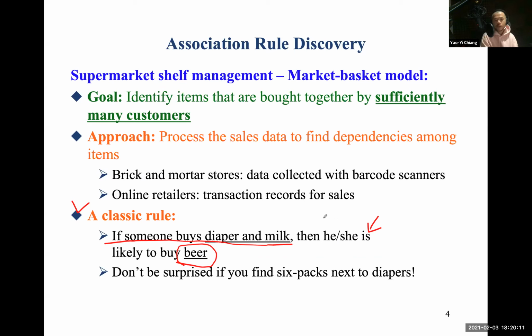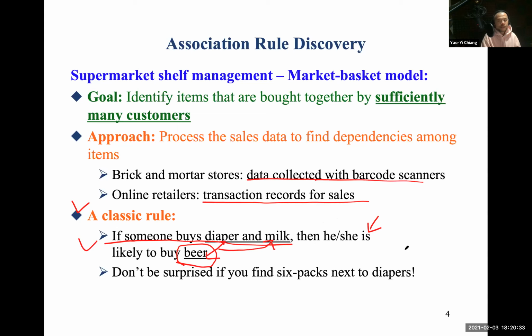But we are not just running a local grocery store, so we're going to use data collected from machines. And if you look at this rule, these are relationships between items, right? Not transactions or customers.